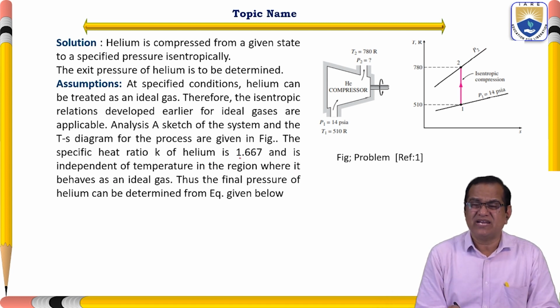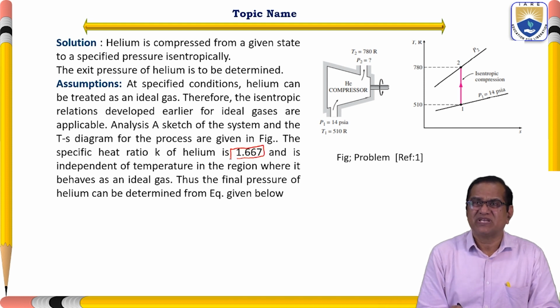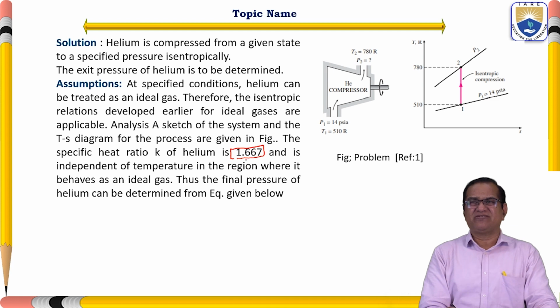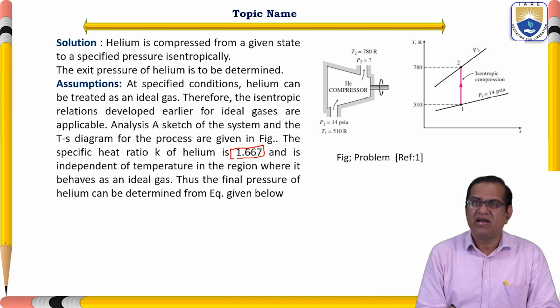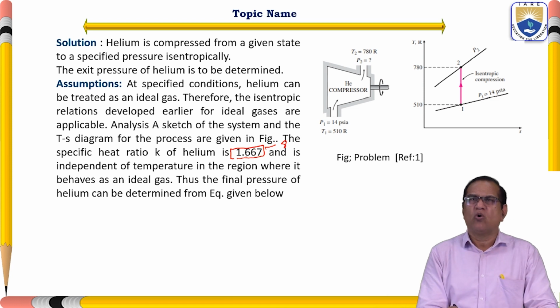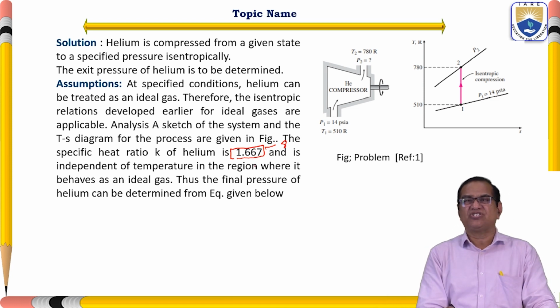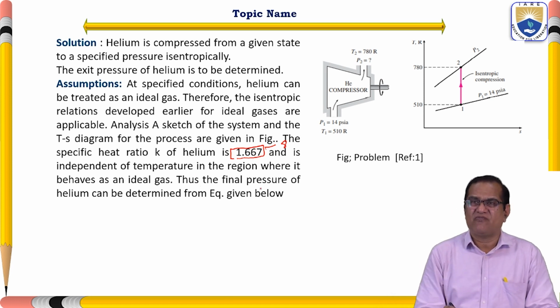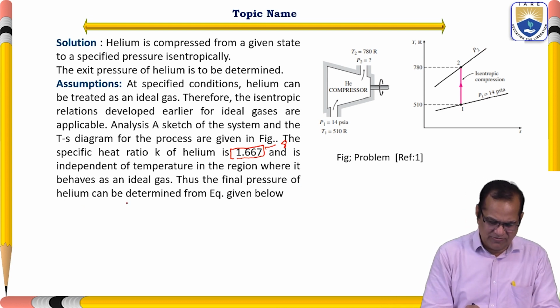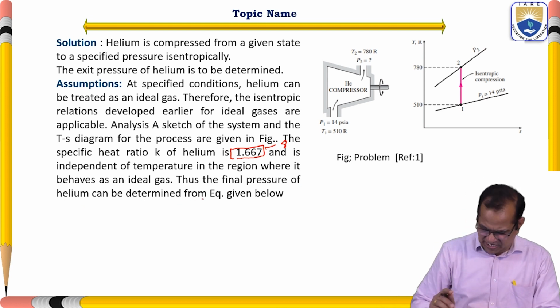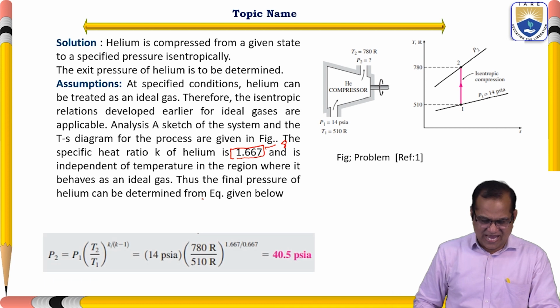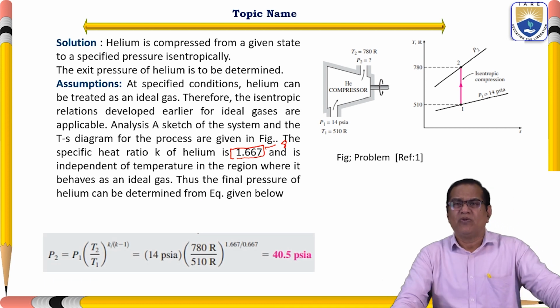So as and when we assume an ideal gas, the ratio of Cp by Cv is equal to gamma, and gamma is equal to 1.667, a constant. Thus the final pressure of the helium can be determined from the ideal gas relation.